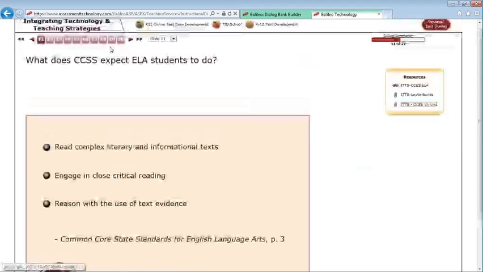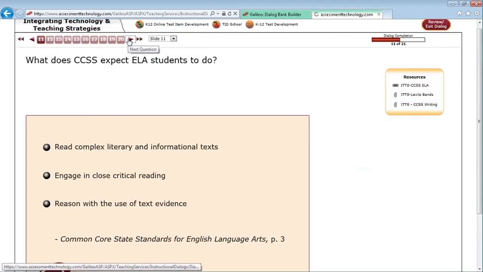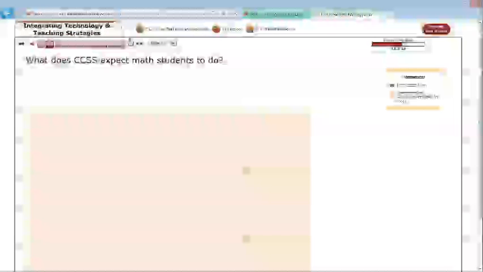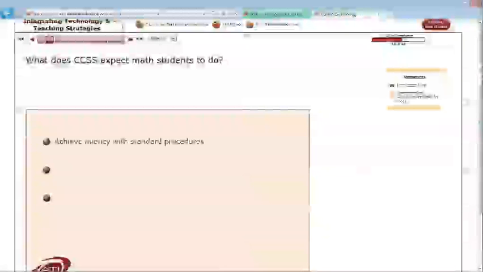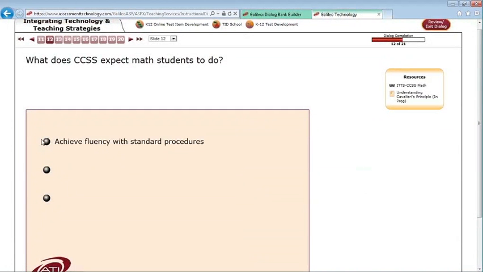So as we conclude with ELA, I want to move forward to math. And in math, the expectation is to achieve fluency with standard procedures.